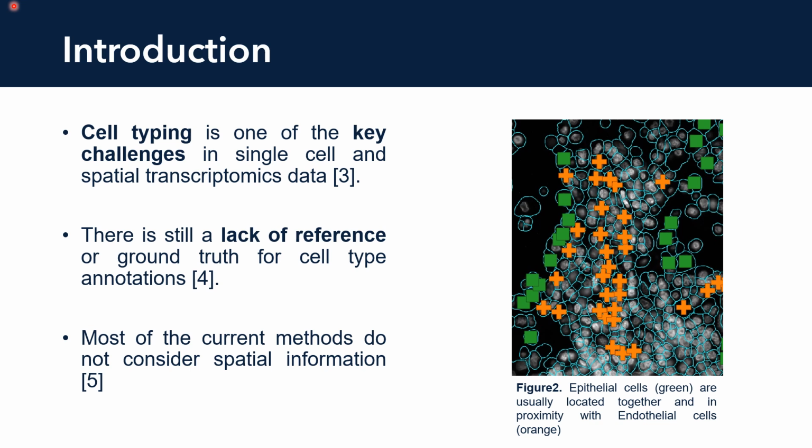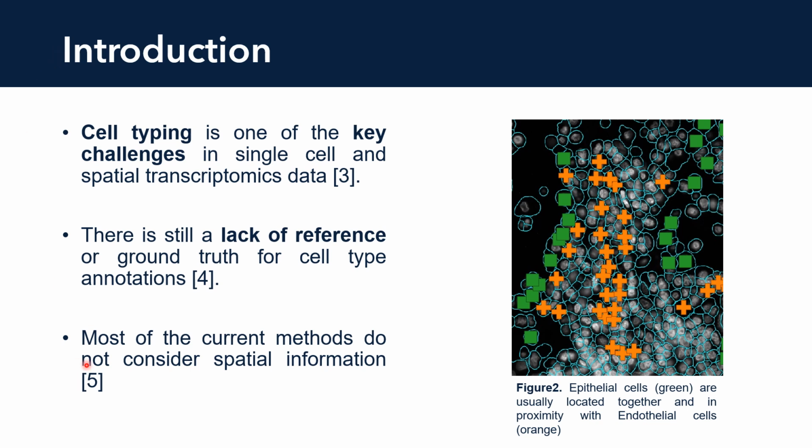Cell typing is one of the key challenges in single-cell and spatial transcriptomics data analysis, since right now there is no standard practice, so the use of different algorithms and cell markers results in inconsistent cell type assignment. This means that there is still a lack of reference or ground truth for cell type annotations.